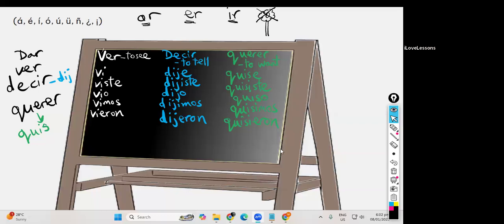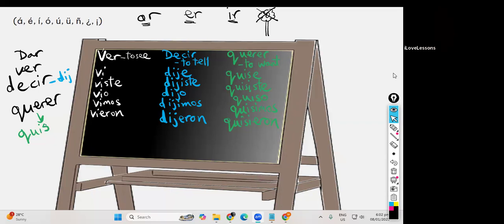Are there ever any verbs without an ending in Spanish? No. They either have an AR or an ER or an IR. Most of the time, we get the stem by taking off that ending.